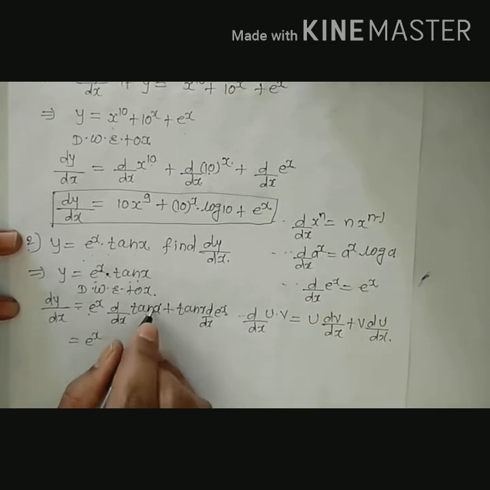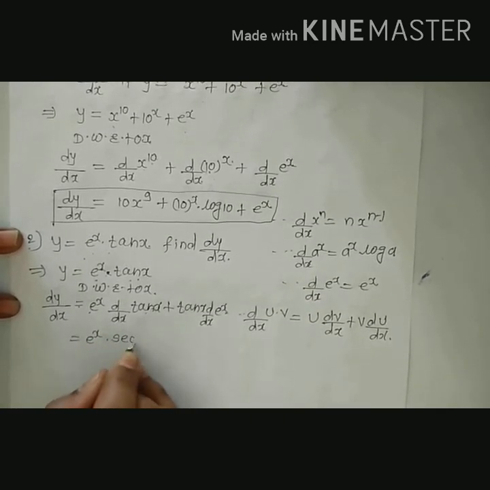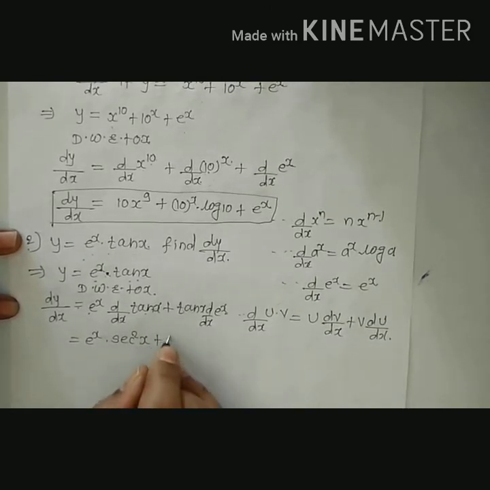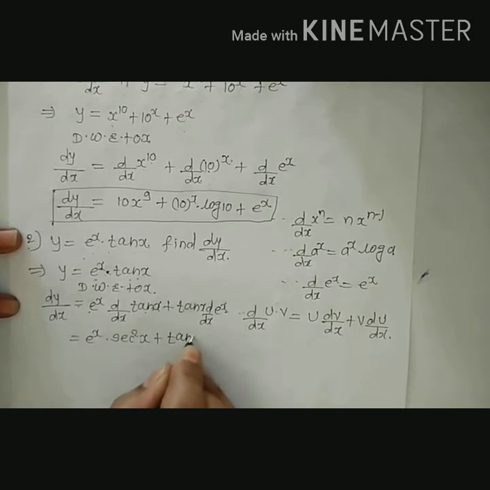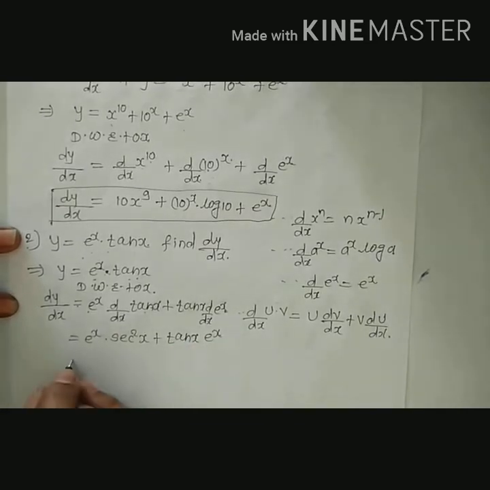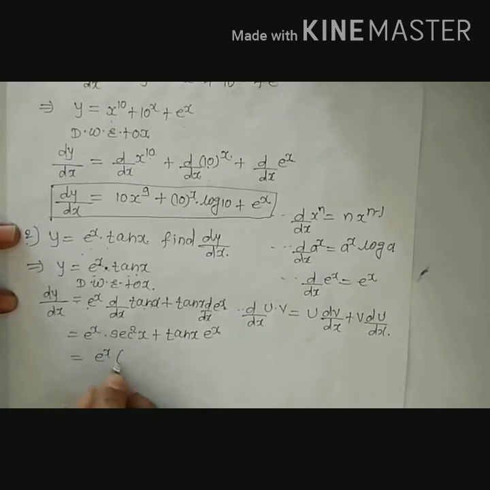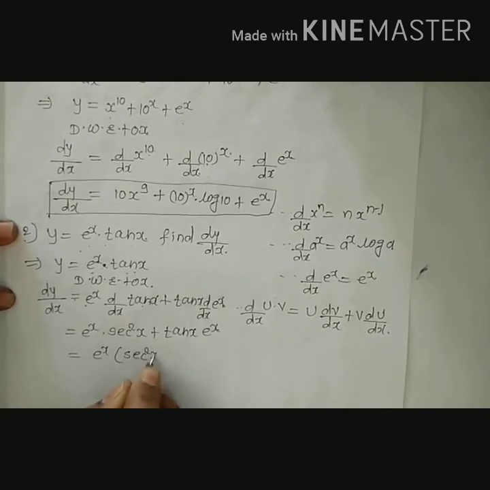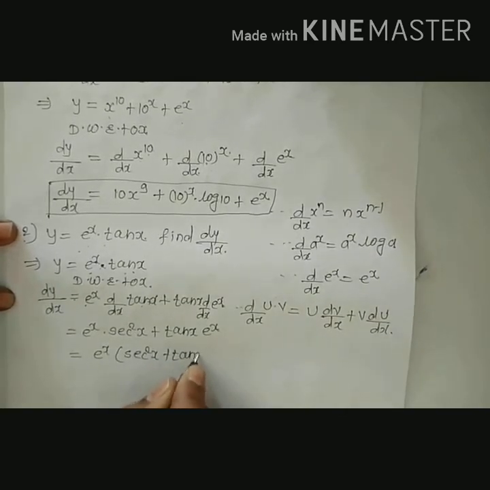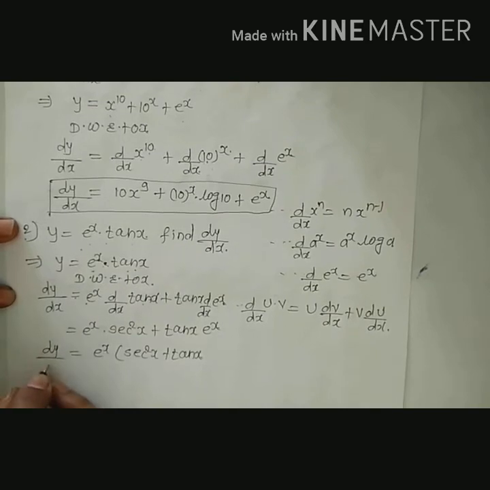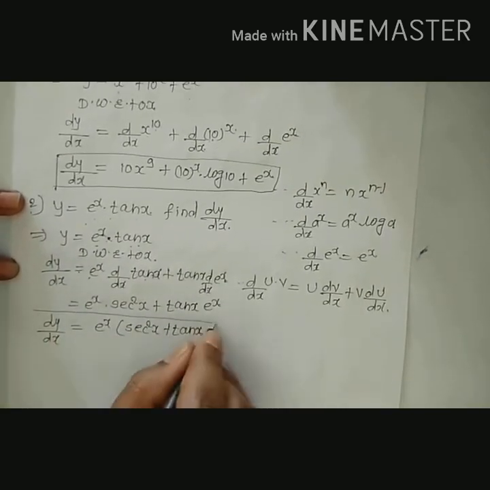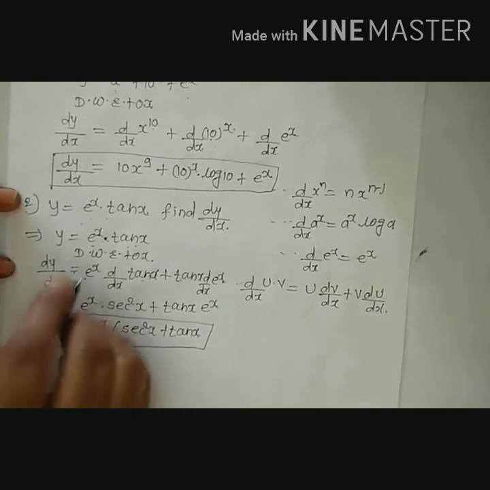The derivative of tan x is sec square x, plus tan x. Now the derivative of e raised to x is e raised to x. What is the common factor here? e raised to x in bracket, sec square x plus tan x, is dy by dx. In this example we use the product rule.